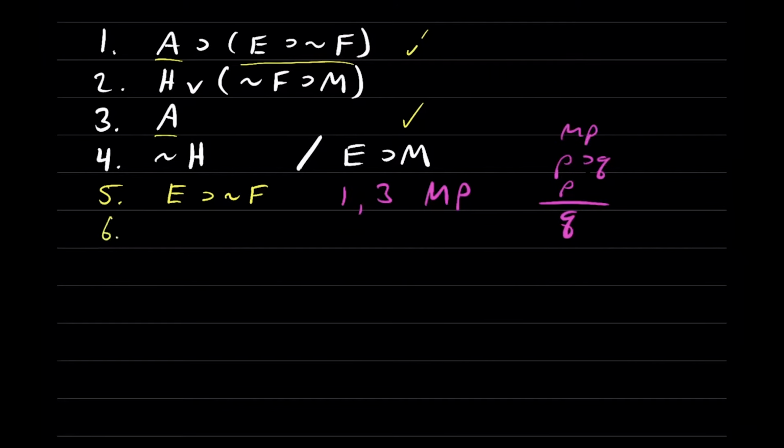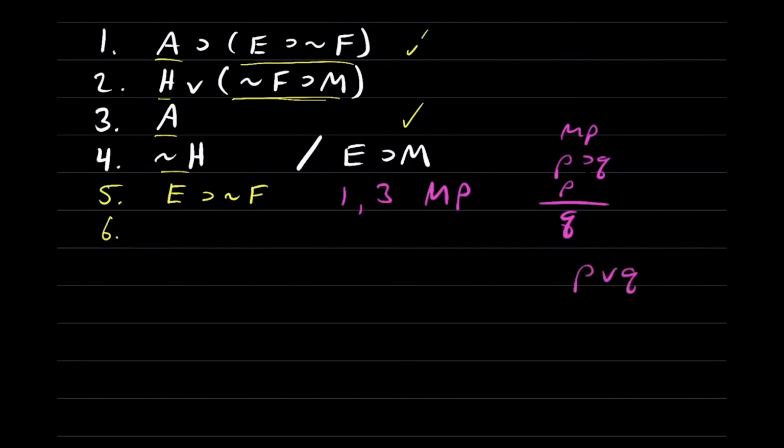Add a new line, line 6. The next thing I notice is that line number 2 is a disjunction. It says either H is true or this expression in parentheses has to be true. But line number 4 right here tells us H is false. That means that this expression in parentheses has to be true. And that, to me, looks like the form for disjunctive syllogism.